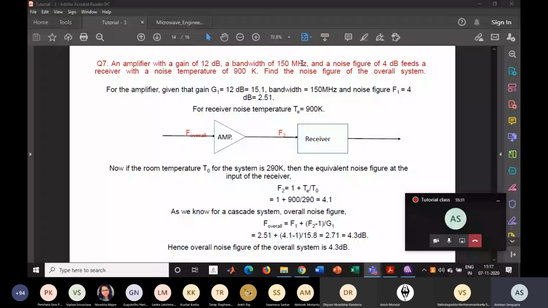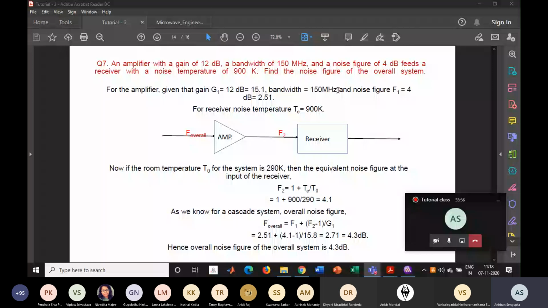So first take the values that are given. Gain is given as 12 dB, which in linear scale comes out as 15.1. Bandwidth is 150 megahertz, noise figure is 4 dB, which in linear scale is 2.51. And the receiver noise temperature is given as 900 K. Now use the equations.